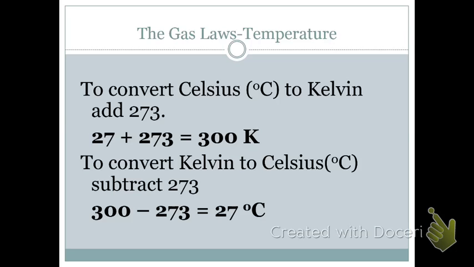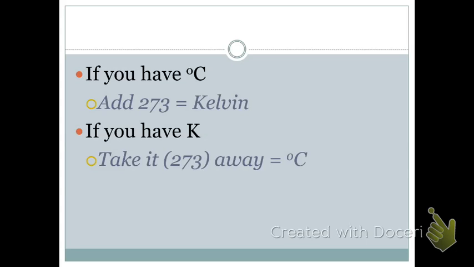So always remember, if you have C, add 273. If you have K, take it away. If you add 273, you're converting from degrees Celsius to Kelvin. And if you're subtracting 273, you should be subtracting from Kelvin back to degrees Celsius.